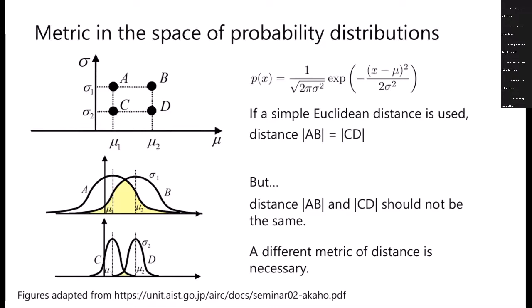Probability distribution A is like this, and B is like this, and A and B overlap pretty much. On the other hand, probability distribution C is like this, D is like this, and the overlap is much smaller than for AB. So in this sense, these distances cannot be the same, right? A different metric of distance is necessary to get reasonable results.